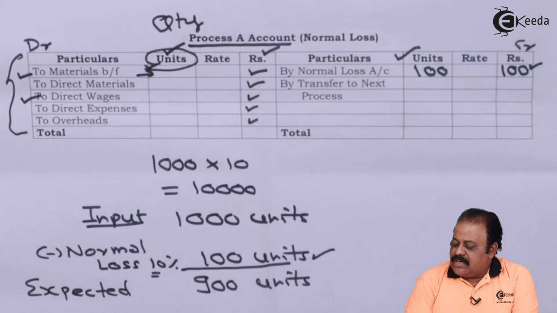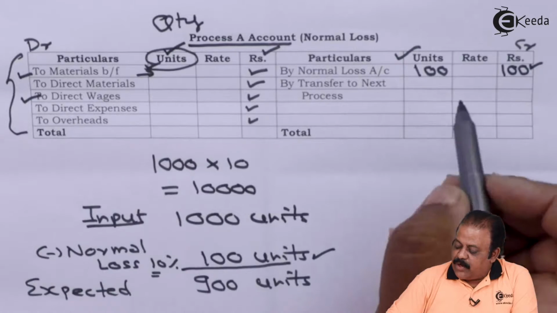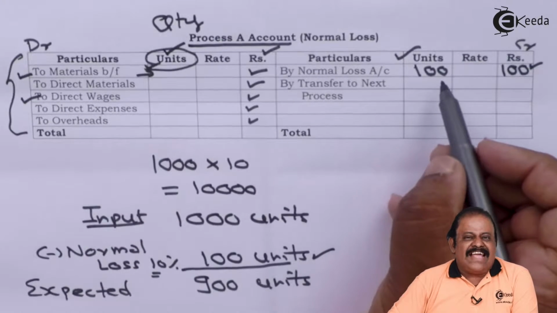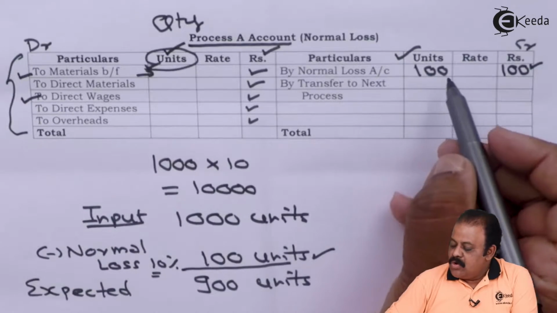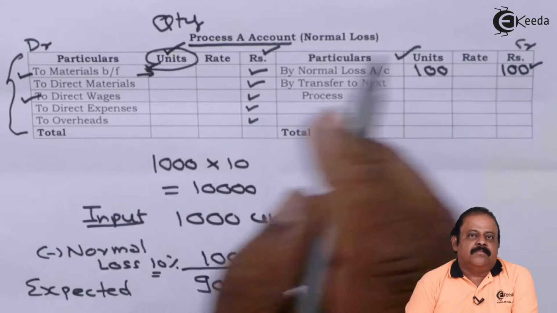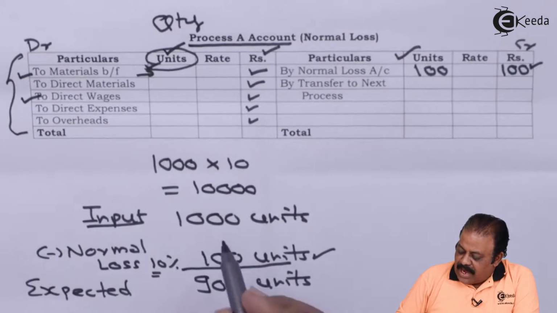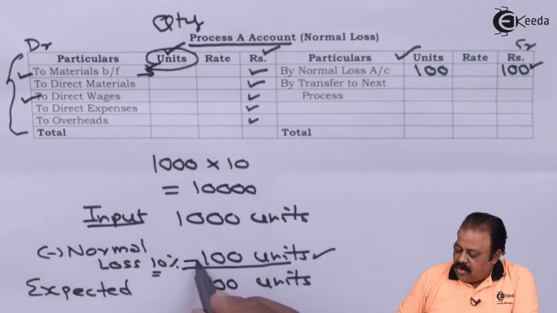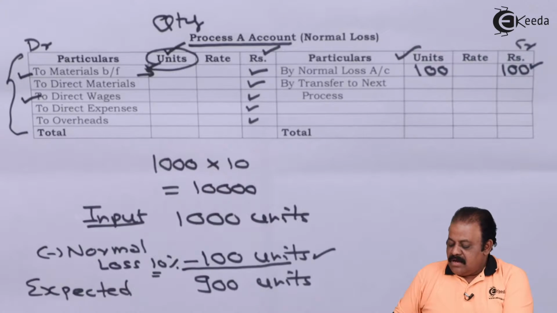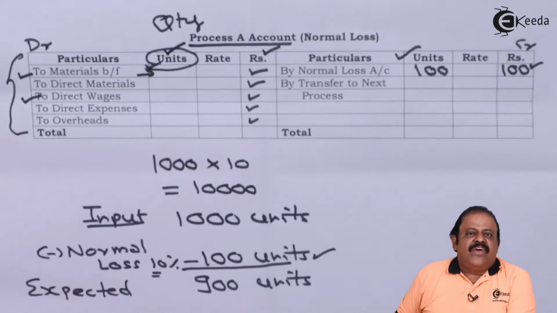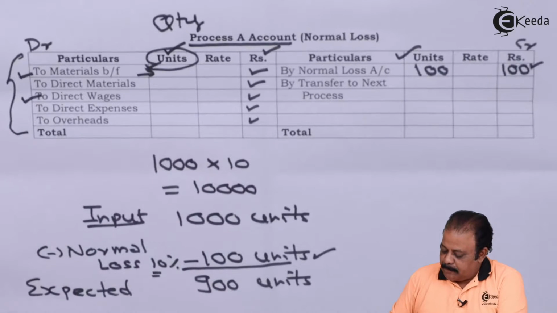So normal loss units are recorded here on credit side of process account, and its expected realizable value is recorded here in amount column. So from 1000 we have deducted 100, we got expected output 900. Now this will be compared with actual output.